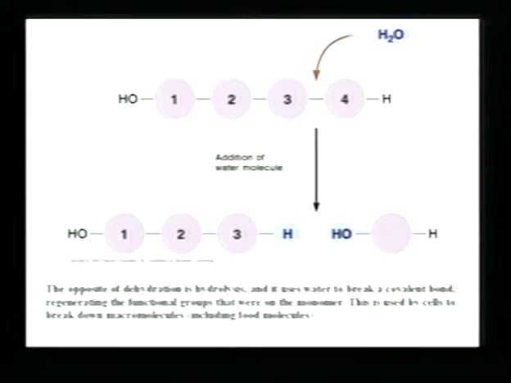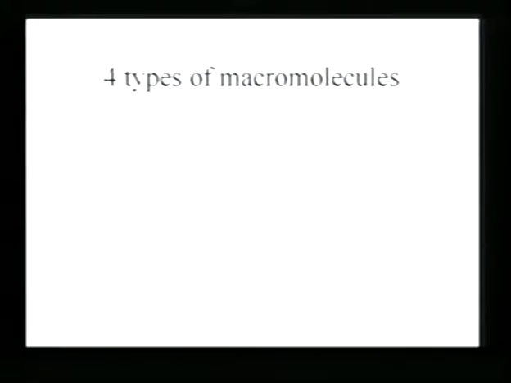So cells can assemble monomers into big macromolecules, and they can also break them down. If they receive those macromolecules from the environment, they can break them down and use those monomers to make their own macromolecules. That's another major function that cells will do. This is what you're doing when you're digesting food: you're breaking down those macromolecules into smaller units.